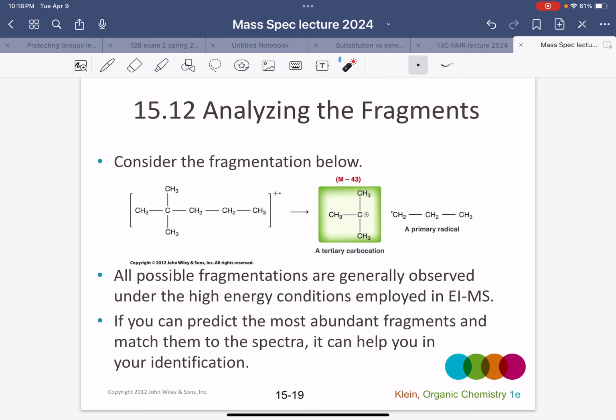That's nice and stable. And then we get this primary radical that's not detected. So we've lost 3 carbons here, and 7 hydrogens. So that's going to be 43. So this is our M-43 peak here. And it's tertiary, so this is probably going to be your base peak, your biggest peak, because that is so stable.